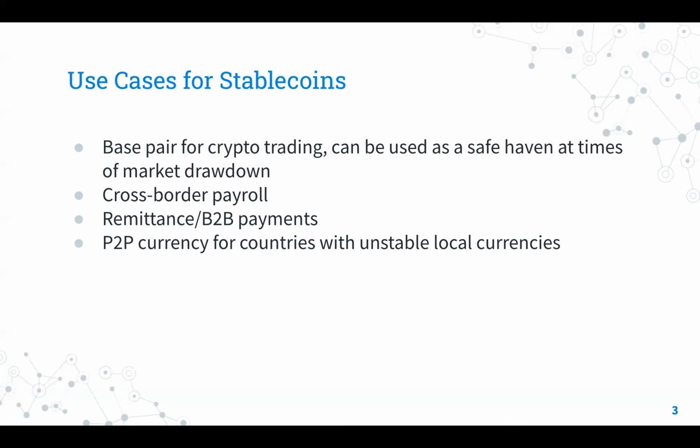And then P2P currency is, for example, when inflation hits a currency. The Turkish lira was one huge example of their currency being undervalued. Inflation is a big concern for some of these unstable countries, and so maybe stable coins make it much easier to transact.